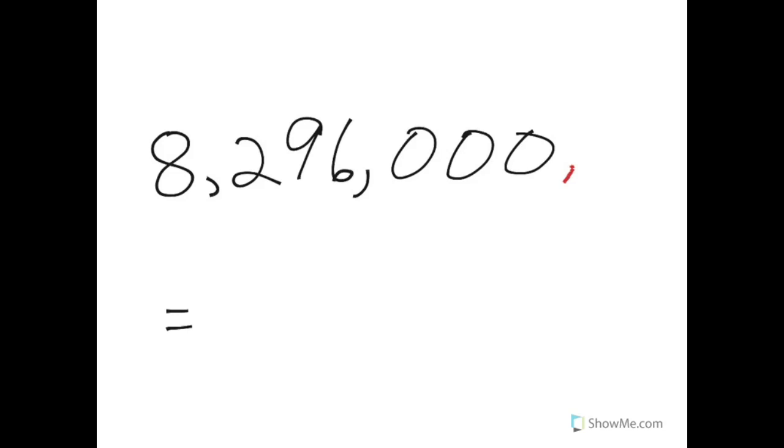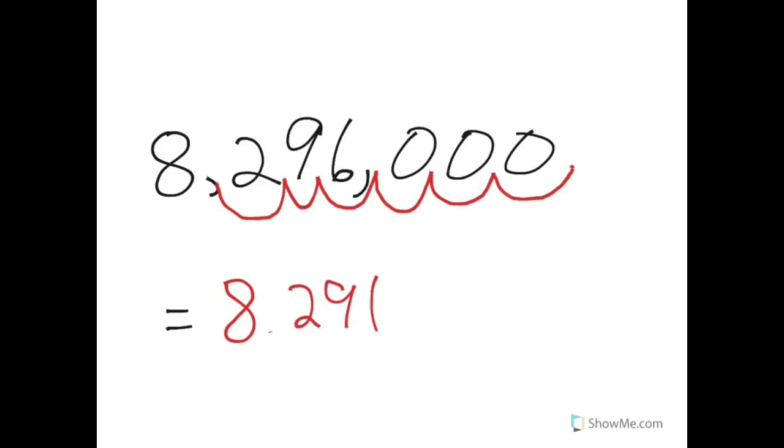So what we're going to do is we're going to count 1, 2, 3, 4, 5, 6. Okay, we've moved the decimal over 6 places. So now instead of that big number, we have 8.296. And what do you think our power of 10 is going to be? Well, you may have guessed it. It's going to be 8.296 times 10 to the power of 6.